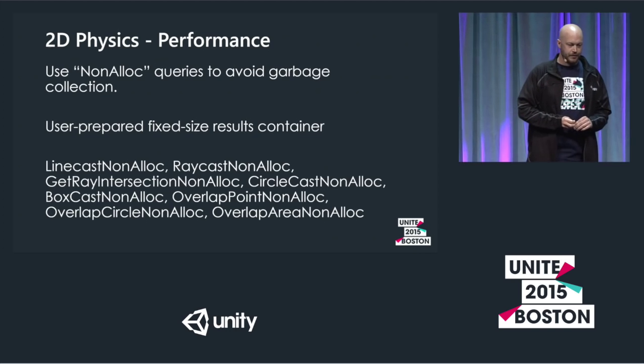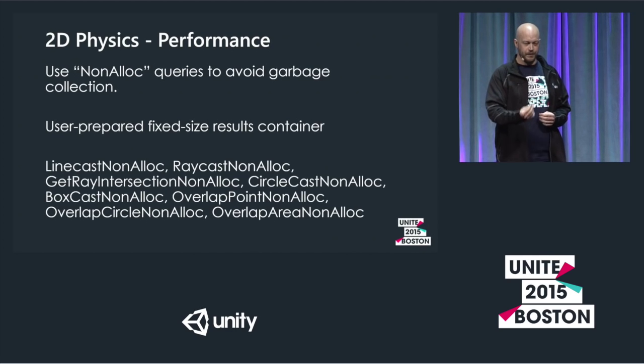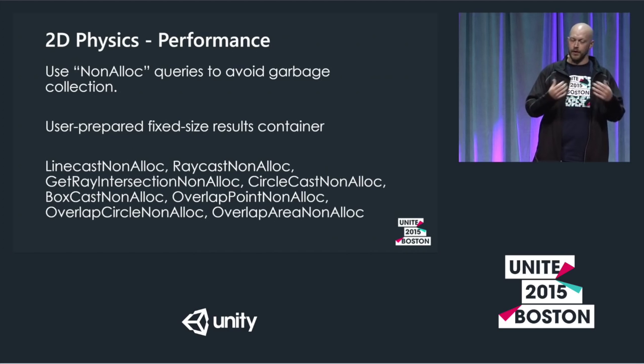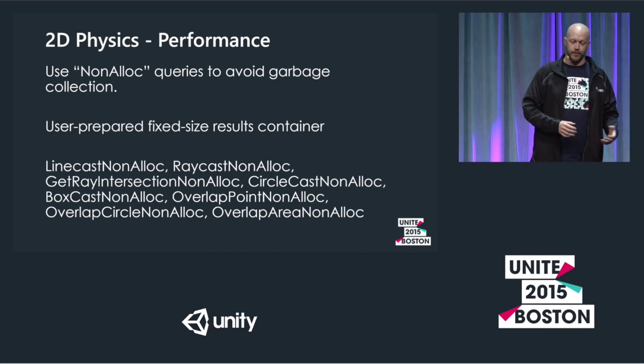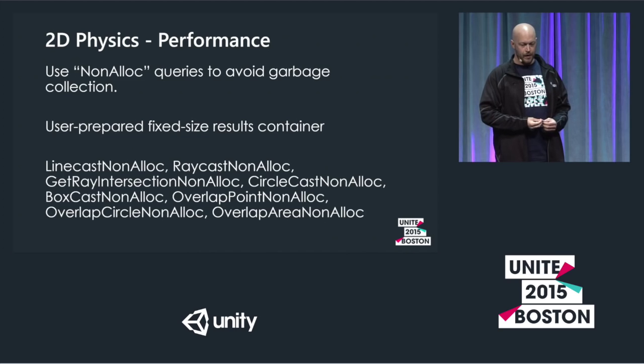In the 4X series, we had some issues with performance in 2D physics. People were getting a lot of stalls because of the garbage collector running, because all the raycast queries, all the box queries, all the circle queries provoked heap pressure.